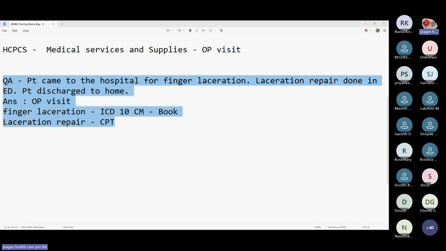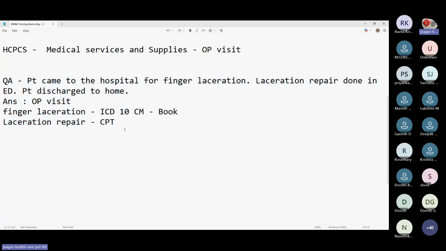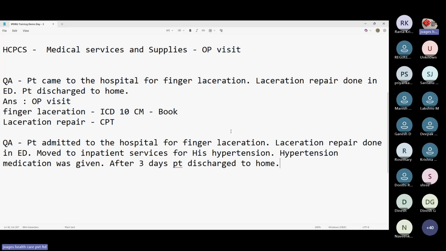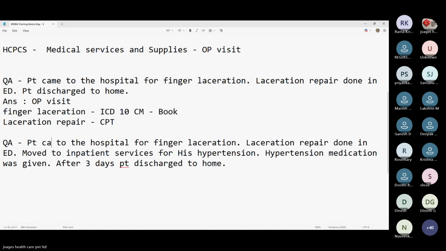Okay, fine. Next, I'm going to give you one more question that is a little bit tricky to understand. One of the patients was admitted to the hospital for finger laceration repair done in the ED and moved to inpatient services. The patient came to the hospital for finger laceration.